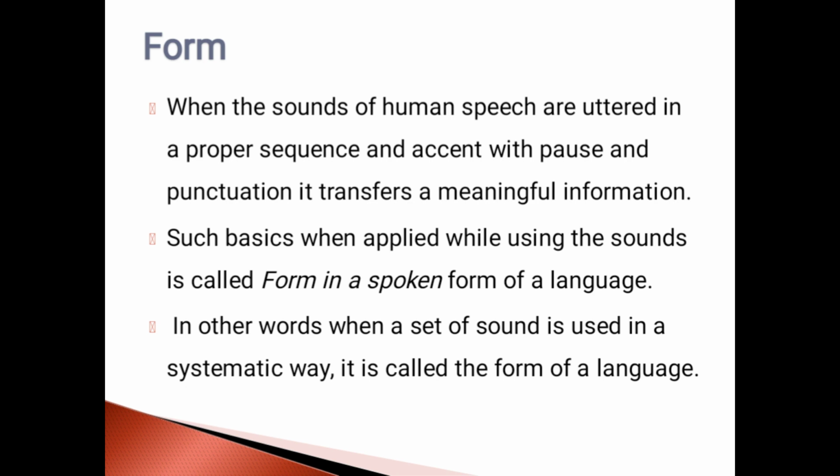Such basics, when applied, that is, arranging the sounds in a proper way with proper pronunciation, form the form in the spoken form of a language. In other words, when a set of sounds is used in a systematic way, it is called the form of a language.